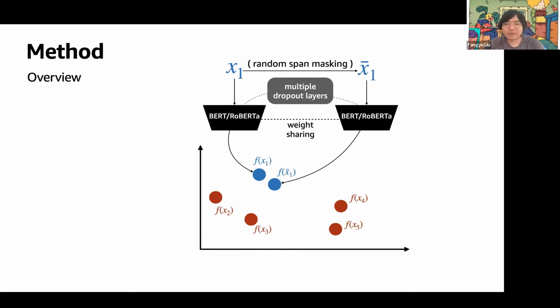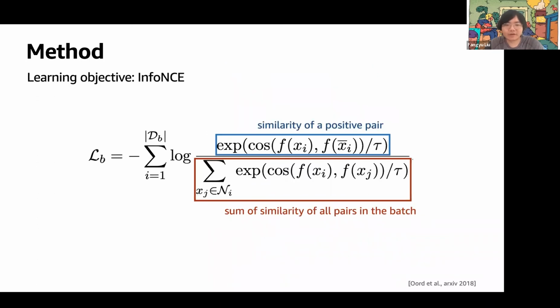And we will get two embeddings, fx1 and fx1 bar. And simultaneously in the embedding space, we will have embeddings produced from other sentences sampled elsewhere. And our learning objective would simply be maximizing the similarity between the positive pair and pushing away all the negative pairs.